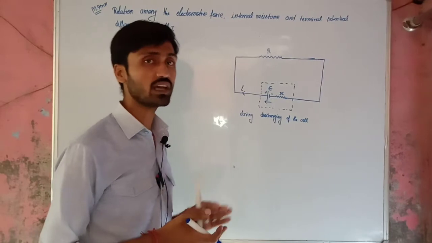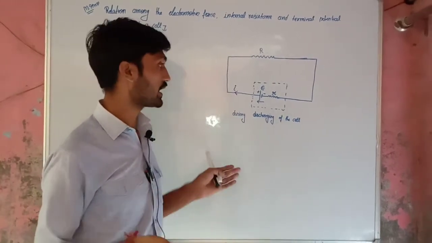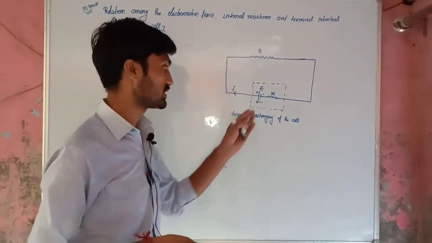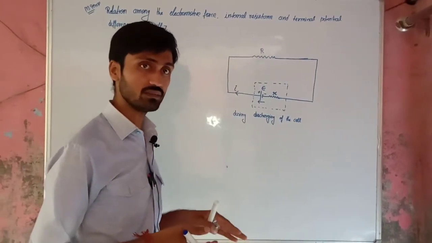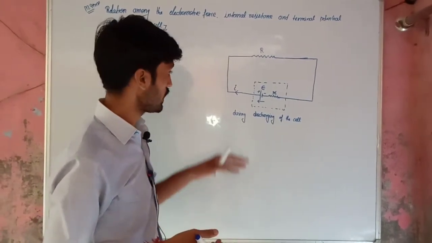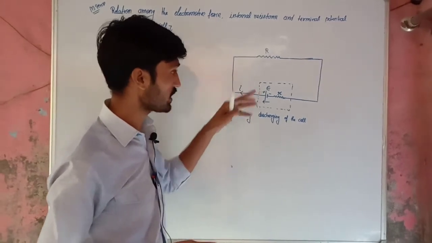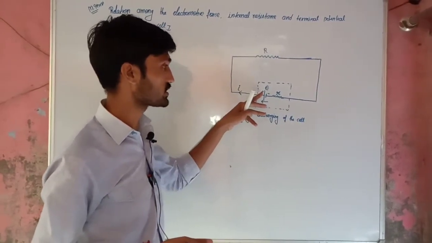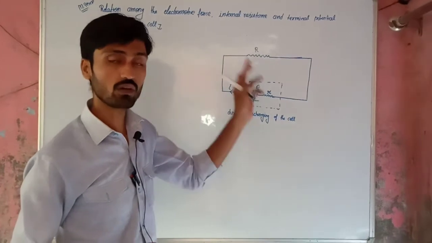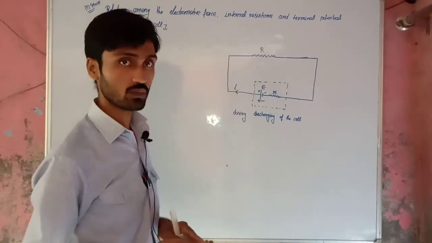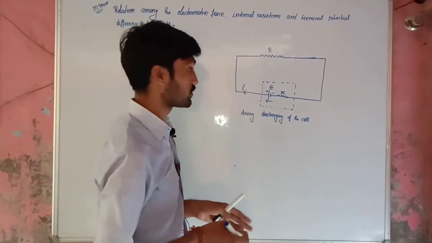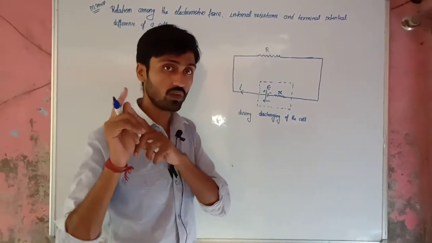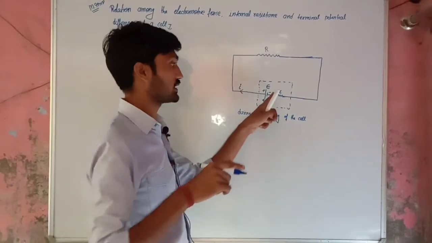For charging, we connect another source which can charge this cell, connecting the higher potential of that source to the higher potential of the cell and lower to lower, and that source will give rise to a current to charge this cell.